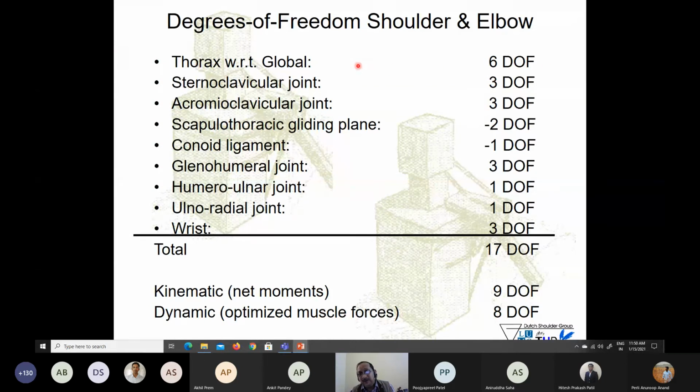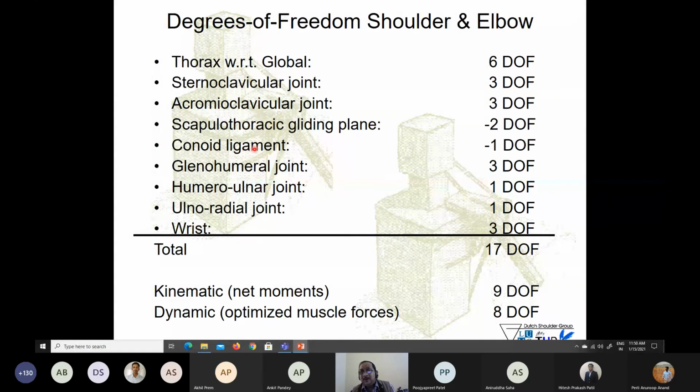Or if we try to calculate the degrees of freedom of, say, the shoulder joint with respect to the thorax, then of course this 6 degrees of freedom will not come into play. Now let us move into the shoulder joint, where we have the SC joint 3, acromioclavicular joint 3, and the glenohumeral joint 3. So 3, 3, 3 makes 9.